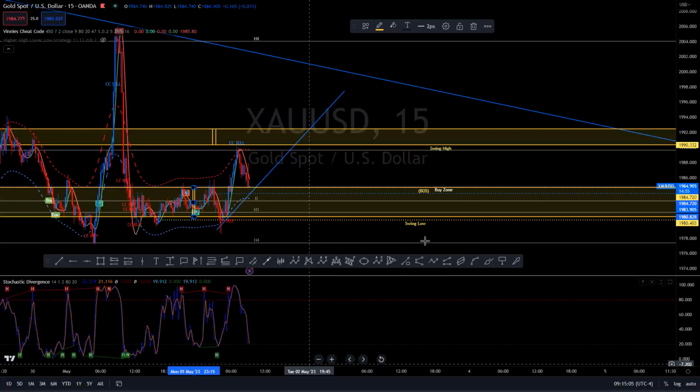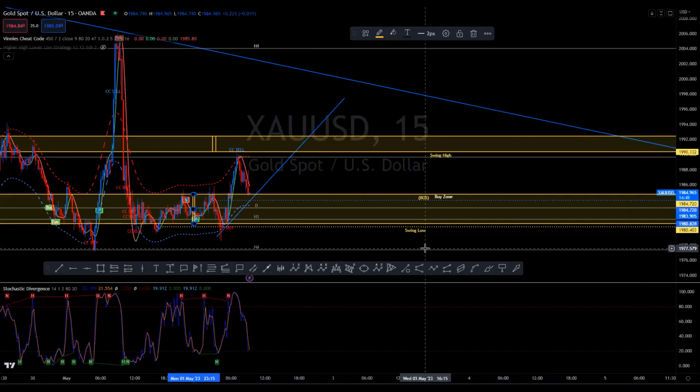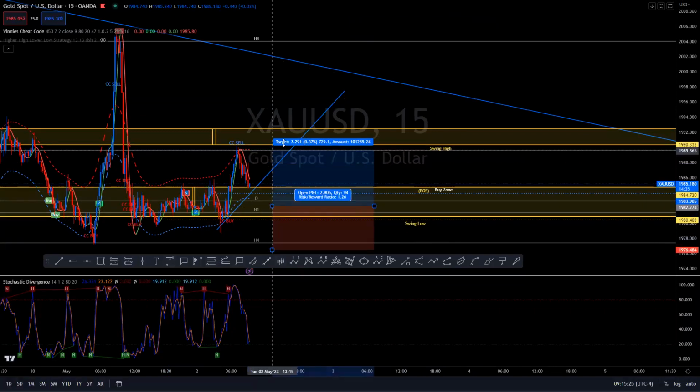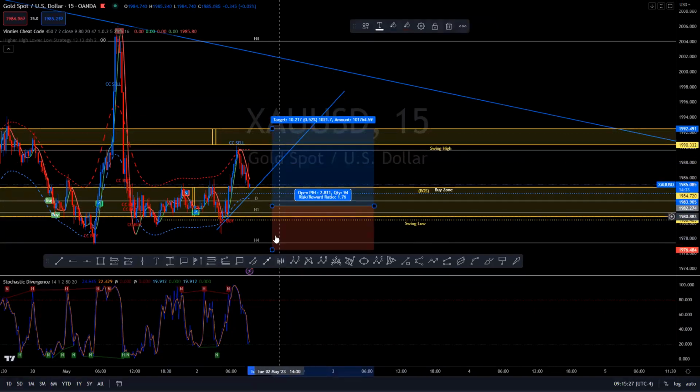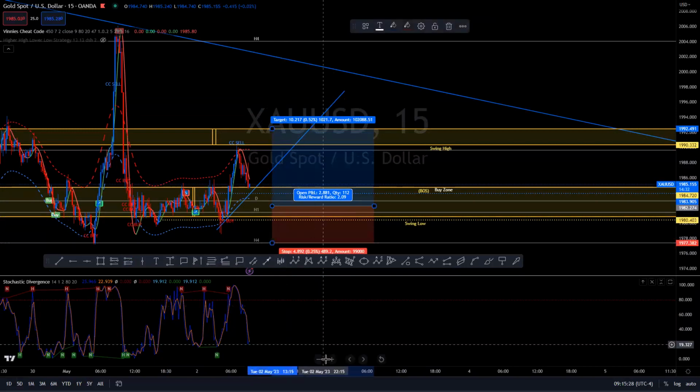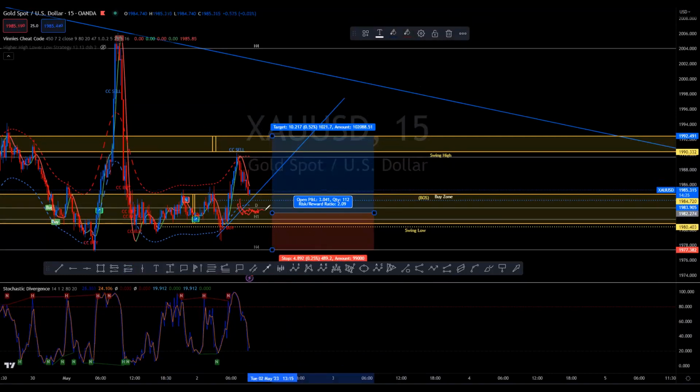All right, the 9:15 candle has closed. Give me a second here. I'm personally going to look for a buy down in this area, and get all that liquidity up here. Price can come back down in any of these areas, gather the liquidity, and then go ahead and buy it.